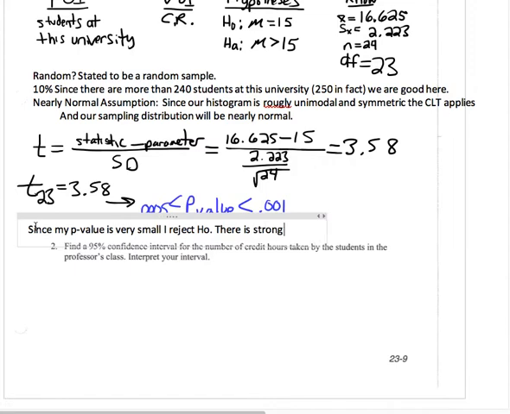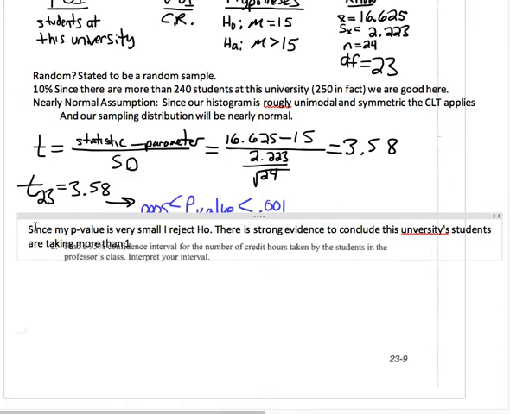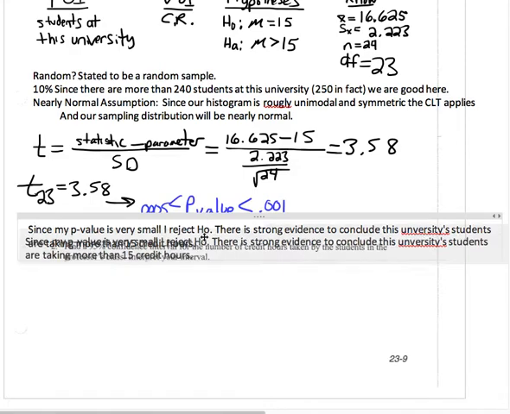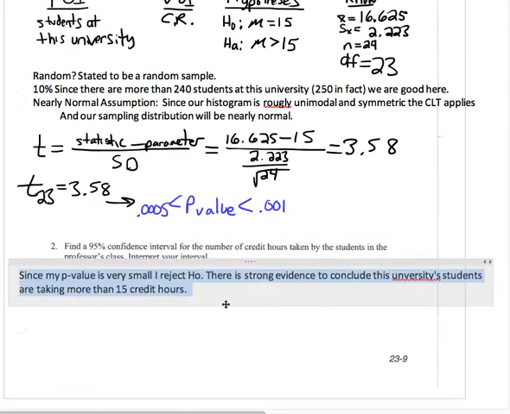There is strong evidence to conclude this university's students are taking more than 15 credit hours. Move that up a little bit to make it nicer. Move it down a little bit. So there you go. Same kind of conclusion that we've done before.